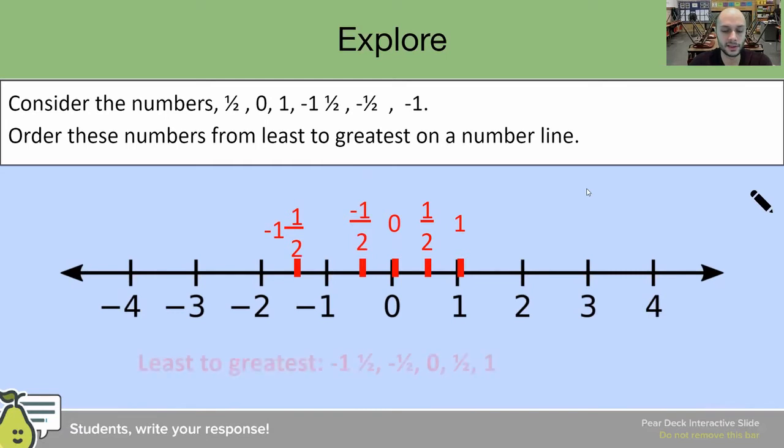And let's see what else they did. Okay, so they're saying that the answer from least to greatest is -1.5, -1/2, 0, 1/2, and 1. So the question is, is this correct or is there a misconception here? Please pause the video and let me know what you think.